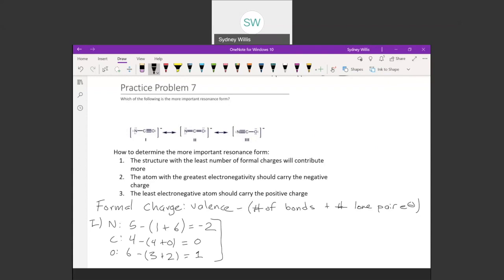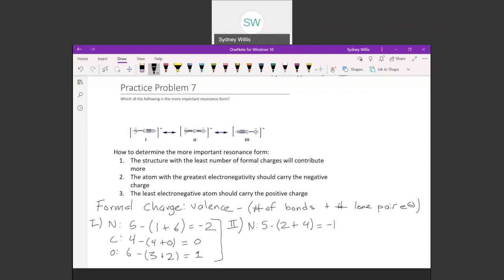Now to look at structure 2. So again, if we have nitrogen, we have 5 minus 4 plus, that should be a 2, because it's bonded twice to carbon, plus 4 lone pair electrons equals -1.